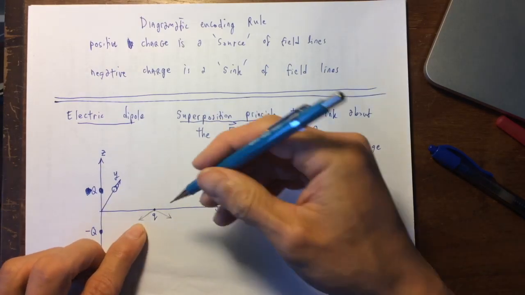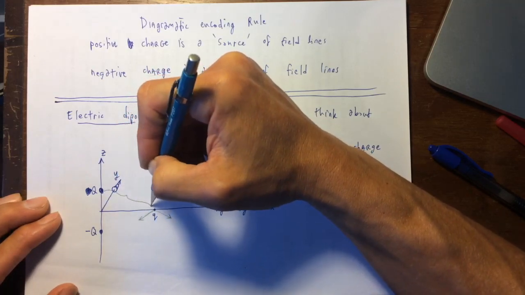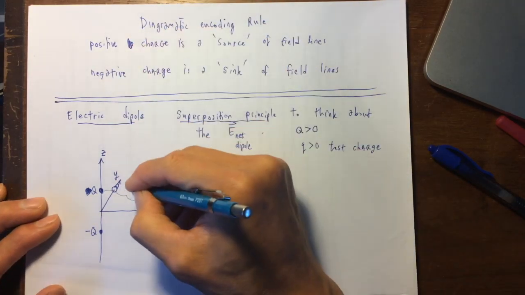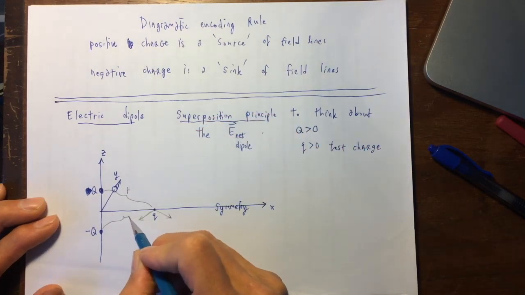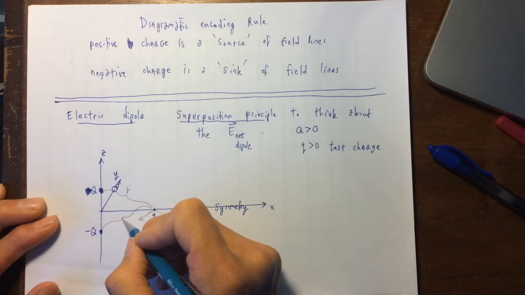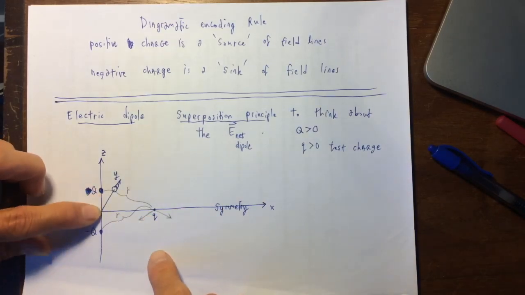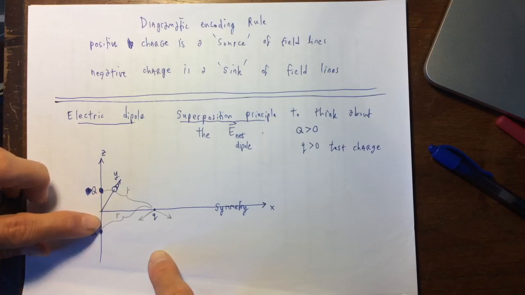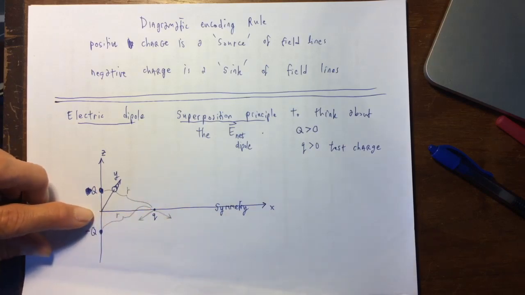And if you think about it a second, the distance that little q is away from capital Q here, let's call it r, and the distance that little q is from negative q is also r, because of similar triangles, or this distance is the same as that distance, and this is the same as itself, of course.